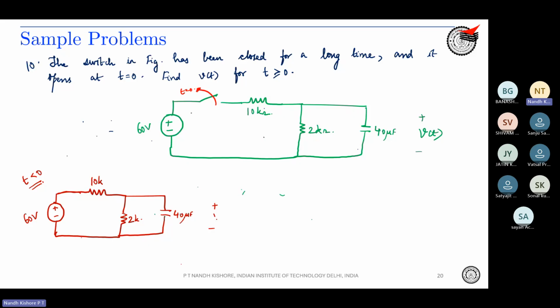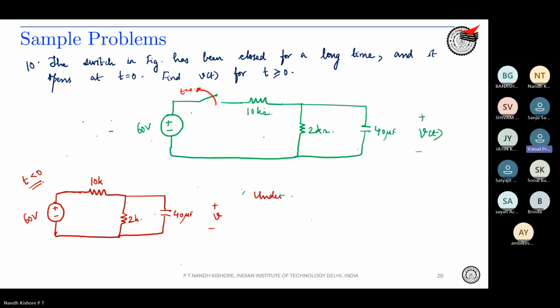So what would be the voltage if the switch was closed for a very long time? We are at steady state. So under steady state, what is the voltage? 60 volts. Okay, so under steady state, capacitor acts as what? It is an open circuit. Correct?